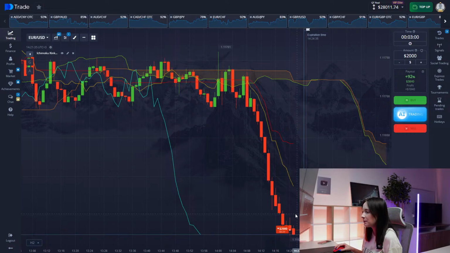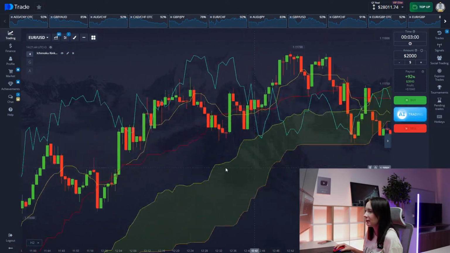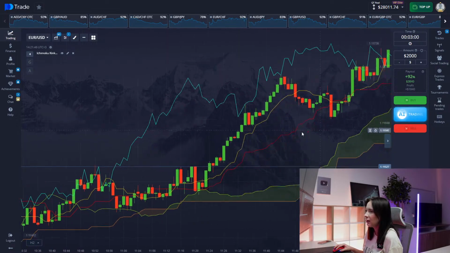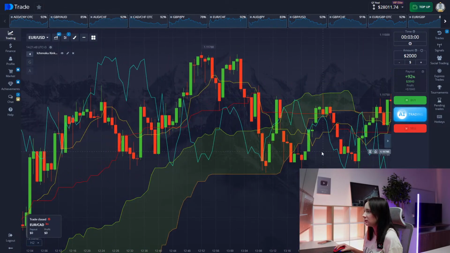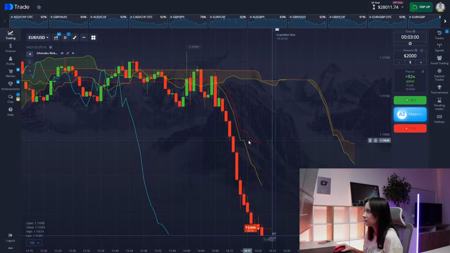So looking at the euro and US dollar currency pair chart, you can see the news, economics, the events that are going on in the world, poor euro and US dollar currency pair, because it is always influenced. So now we are waiting 2 minutes for this to work.